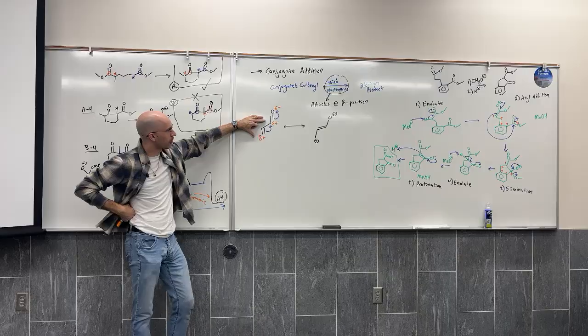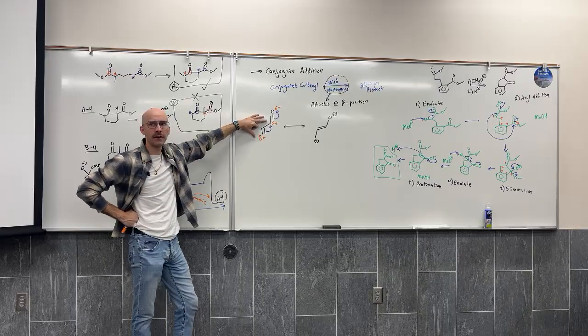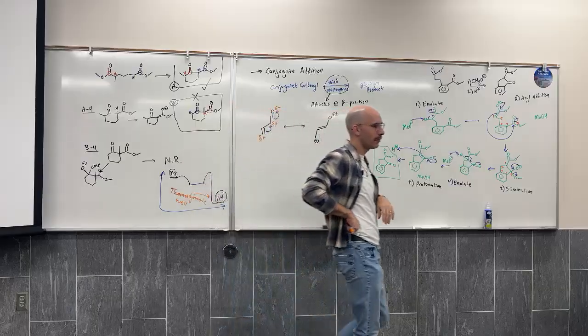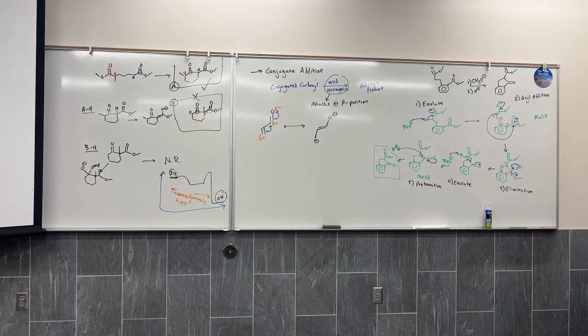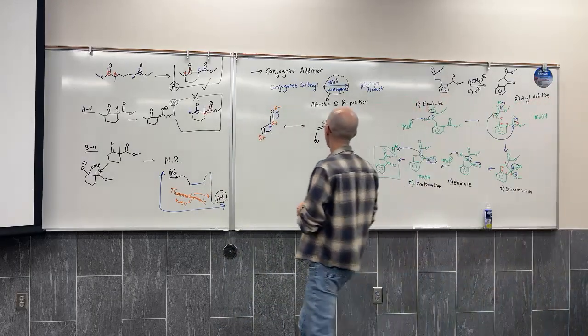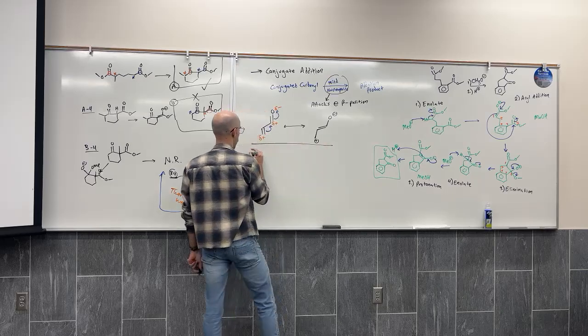So a nucleophile could attack at either of these positions. Why would a nucleophile prefer to attack beta versus carbonyl?